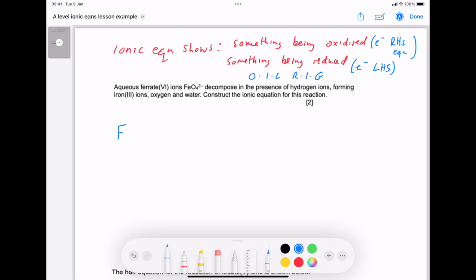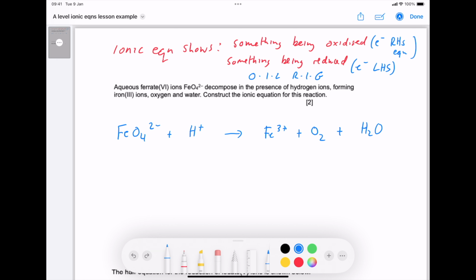We have FeO4 2-, reacting with H+, and the products are Fe3+, oxygen, remember oxygen is diatomic, O2, and water, H2O. You will see that neither the charges are balanced, we've got a 2- on the left and 3+ on the right, and the atoms are not balanced either. So that's what I need to balance next.